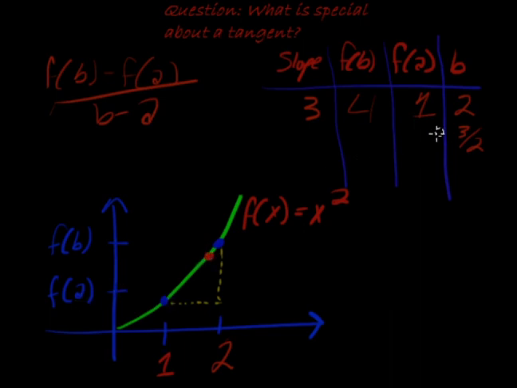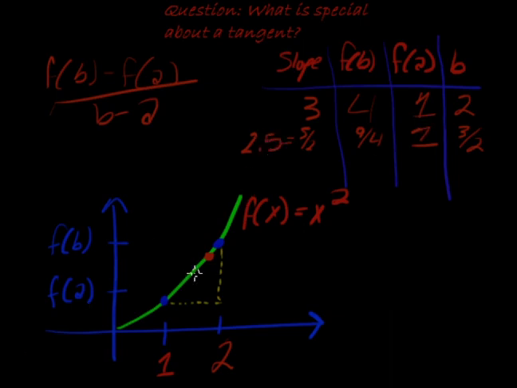So f of a is still 1, but now f of b is 3 halves, and if you square that, you're going to get 9/4. And then the slope, if you plug it in this formula, you're going to get 5 halves. But instead of 5 halves, what is that in decimal form? So it's going to be 2.5.